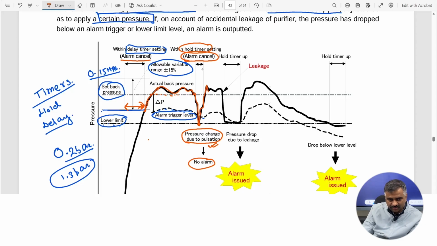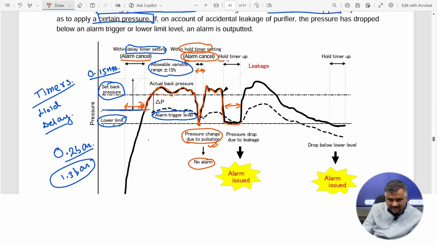So for a small period of time your hold timer will not allow the alarm to occur, then again it will reset. Now again the pressure has dropped in the line. This time we can see the time for the pressure drop is bigger.